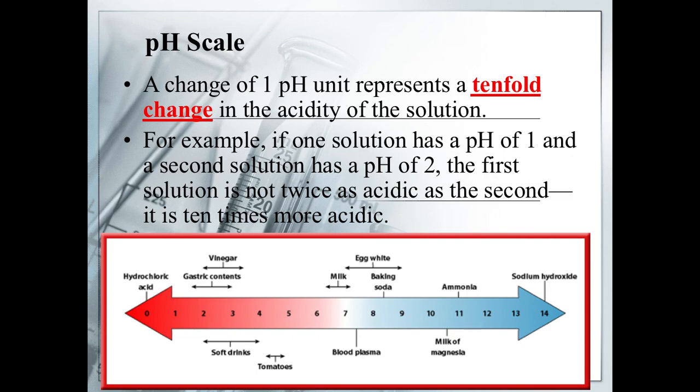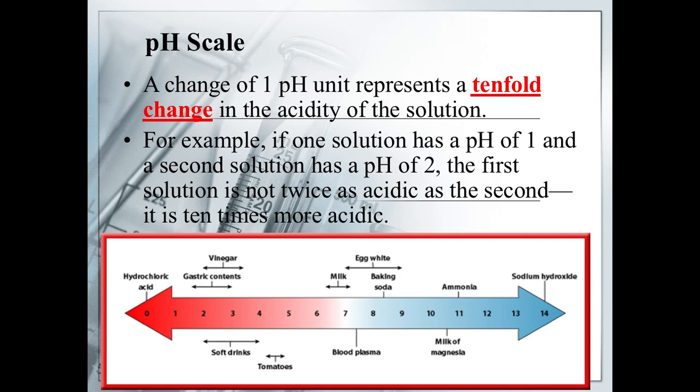So continuing on with the pH scale, a change of 1 pH unit represents a tenfold change in the acidity of the solution. For example, if one solution has a pH of 1 and a second solution has a pH of 2, the first solution is not twice as acidic as the second, it is 10 times more acidic.